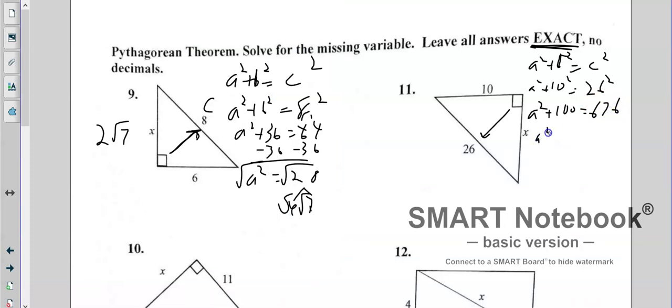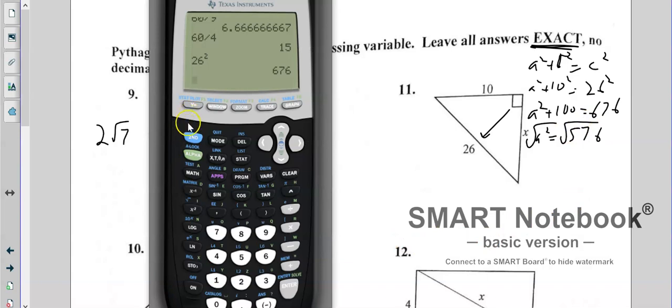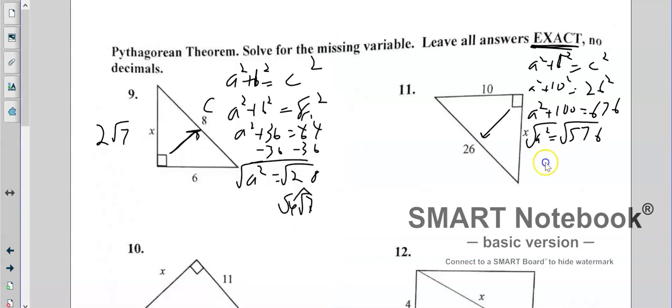Subtract 100, I get a squared equals 576. Well, first off, check and see if that's a perfect square. So second square root, 576. It is. So your answer is x equals 24, or a equals 24, doesn't matter. But notice, smaller than 26, the largest side. So our answer is good.